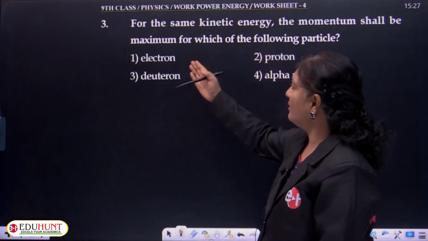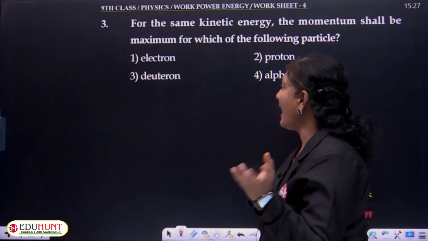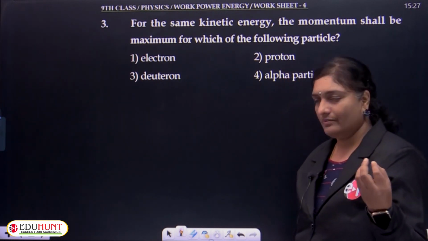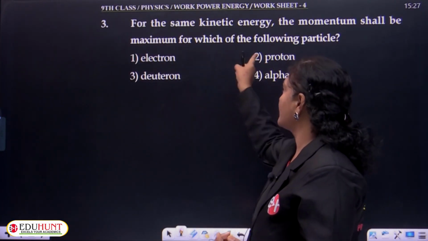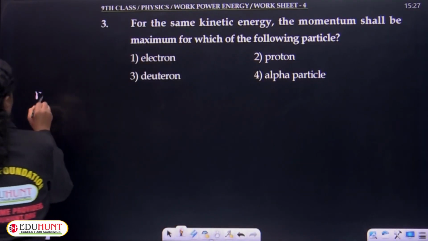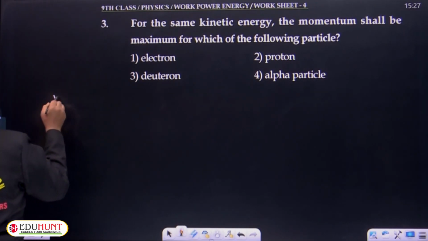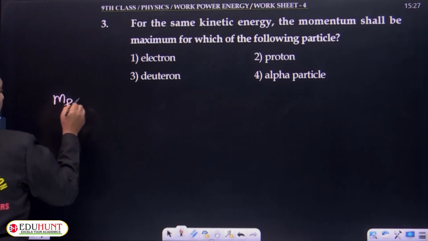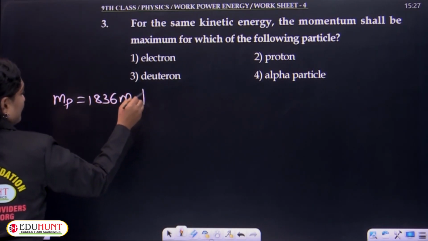So you know the electron is very light. In the atom, the electron is a very light particle. But if you compare the mass of the electron with the mass of the proton, always remember, children, the mass of proton, I'll simply write proton as P, is equal to 1836 times the mass of electron.